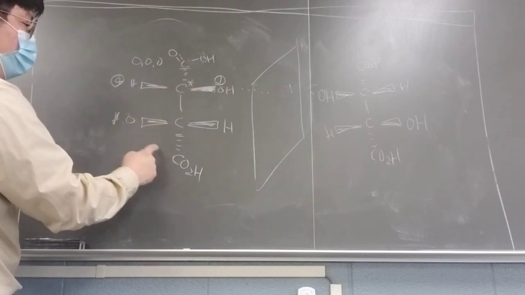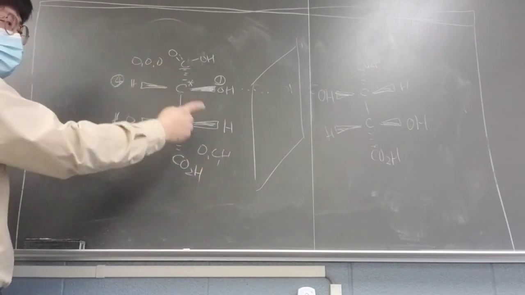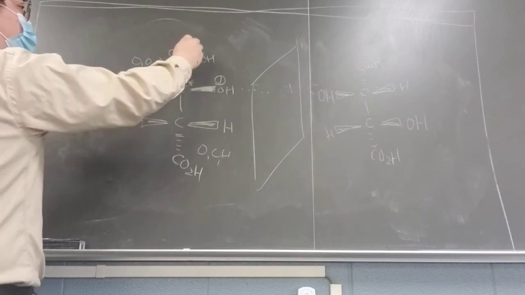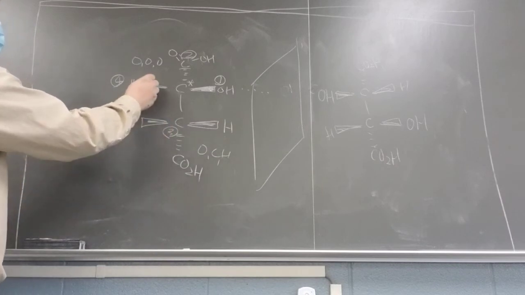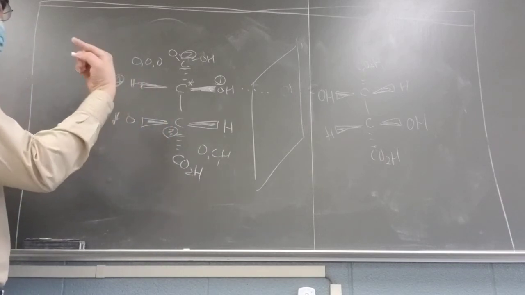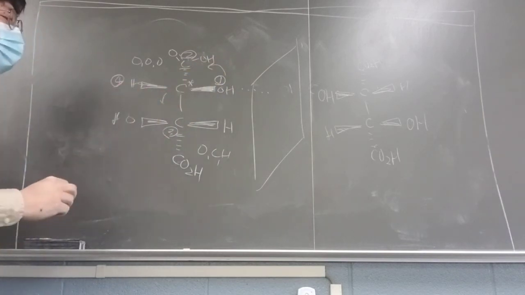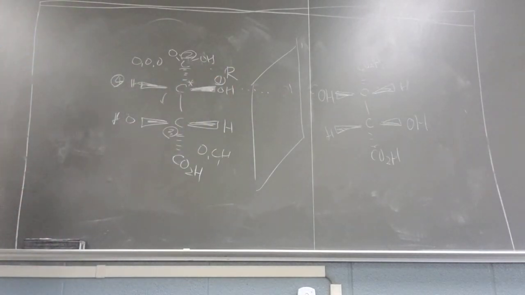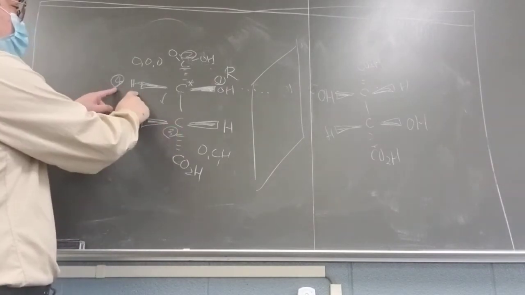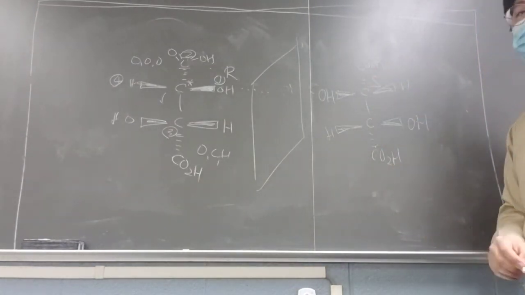This will be OCH. So this will still be higher than this one because of oxygen, right? So it'll be 2, 3, and 4. But once again, your number 4 is heading toward you. So even though it's rotating this way, counterclockwise, it will still be R, right? Because you're going to invert to the other. Makes sense, right? It's S, but because of number 4, you don't even have to do this. It's just S over there, right?